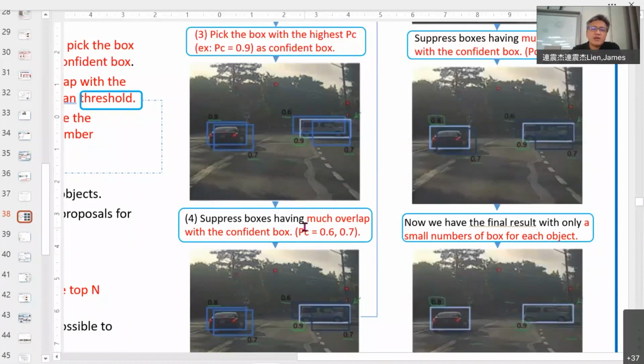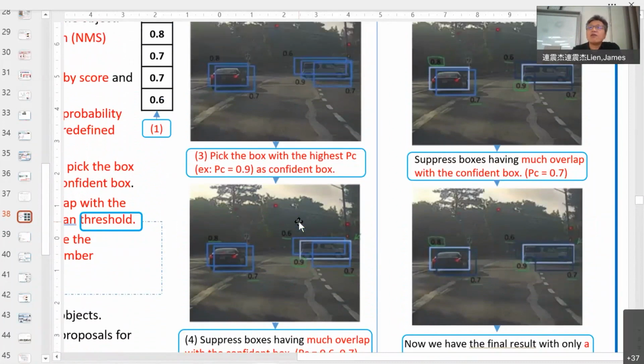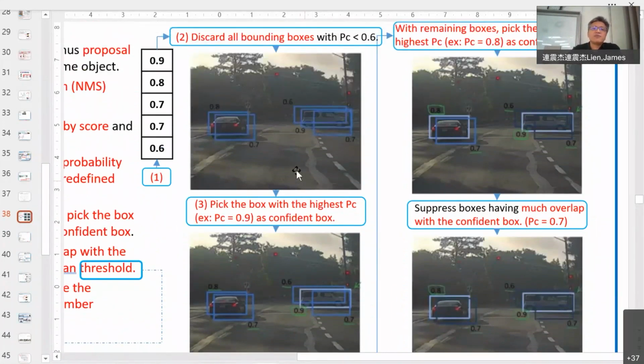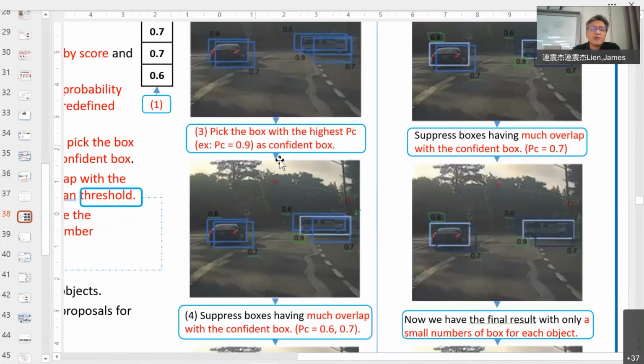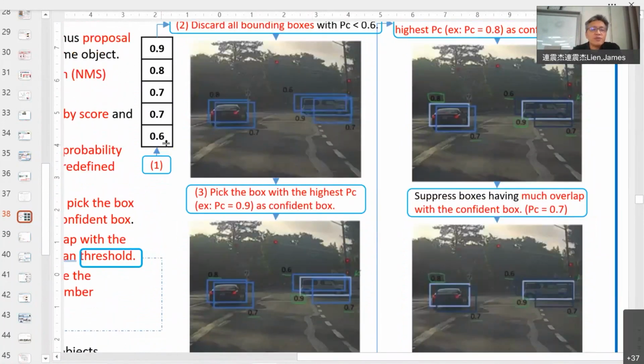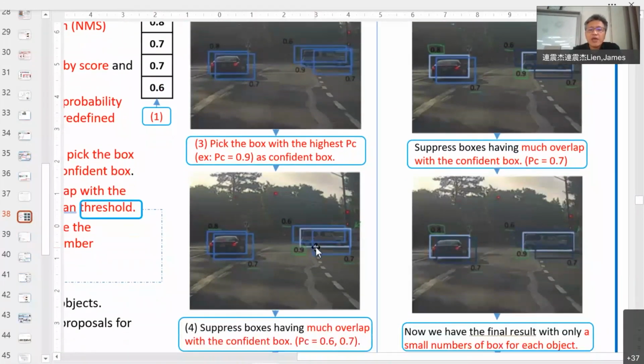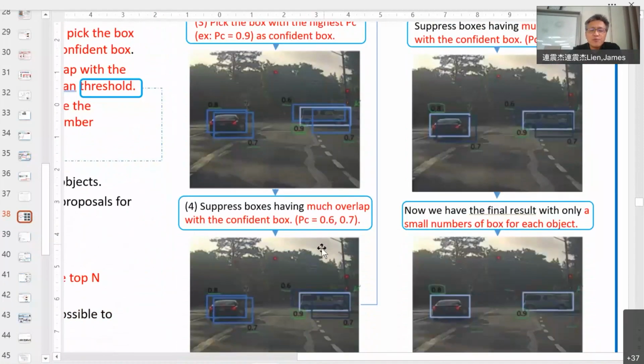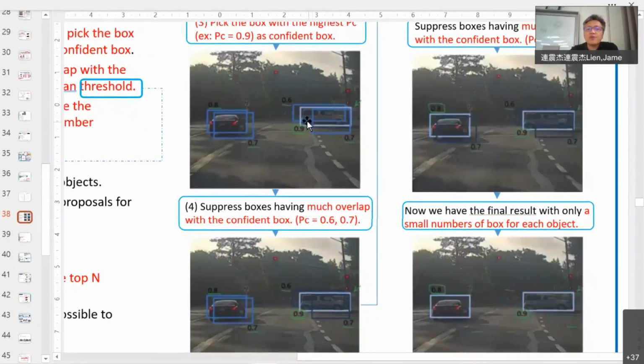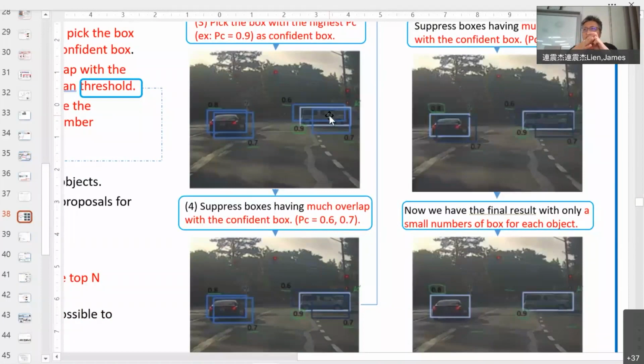In our experience this way is not quite right. For example, after you remove the values below 0.6, fine, and we pick out the maximum one, suppose 0.9, and we remove the overlap region with 0.9. But be careful. Sometimes if the overlap region is only 10%, we need to keep it.